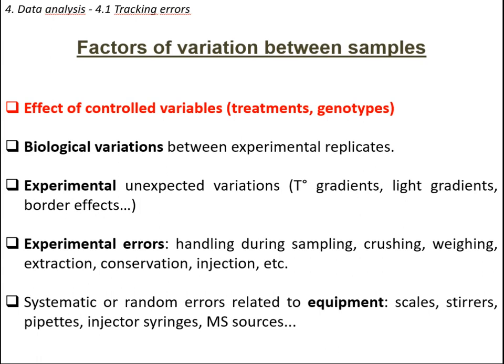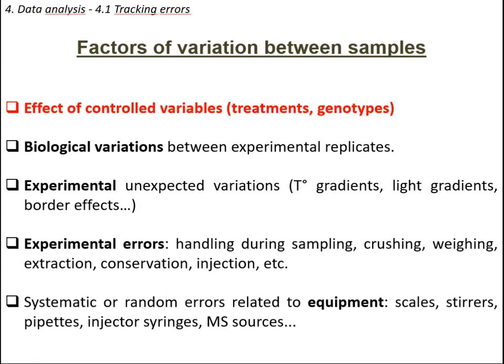Then you have experimental and expected variations like temperature gradient, light gradient, border effects. These can be managed if you are aware of those gradients. If you work in a phytotron, then you can map the light on the plateau where you put your plants, and you can make rotation of the plants so that they receive globally the same amount of light.